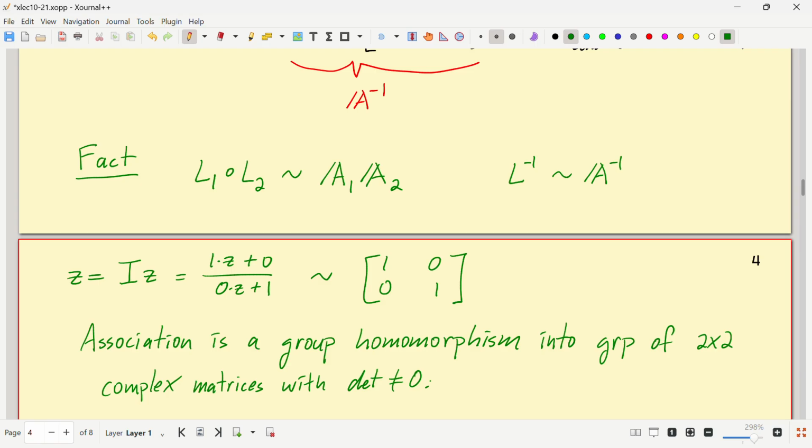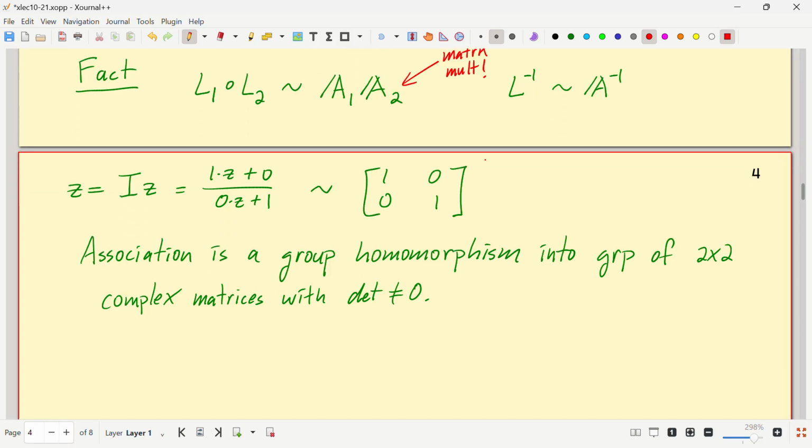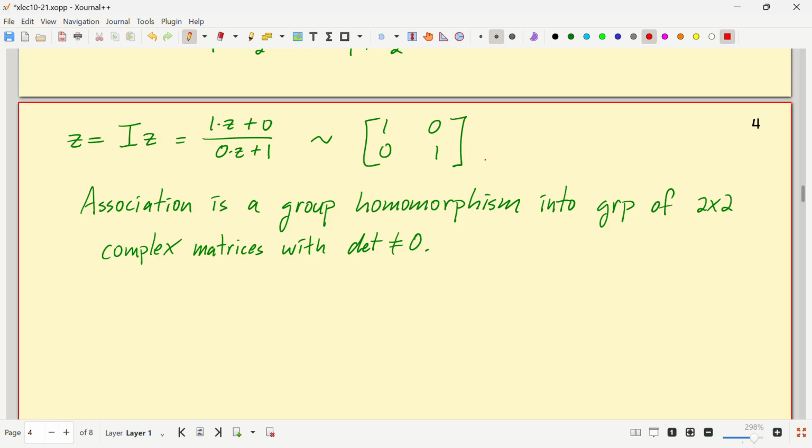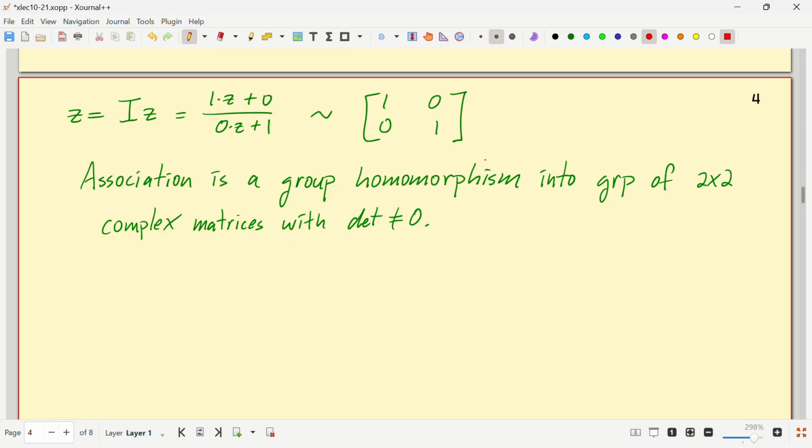Questions about that? I guess I should emphasize this is matrix multiplication. Okay, and that's an easy calculation to check. Well, these are very useful in complex analysis. Question: is there a reason we're not just holding that the determinant is 1?